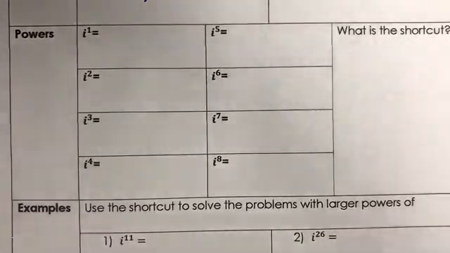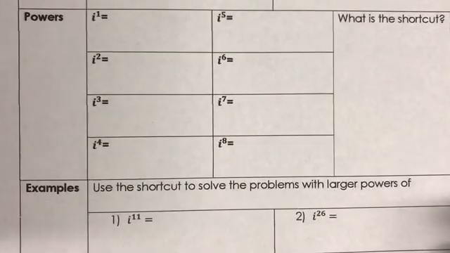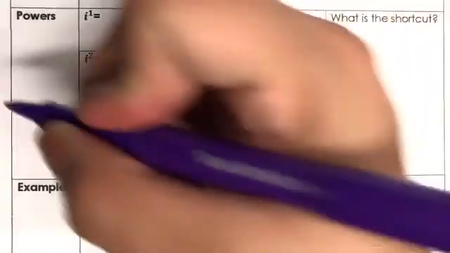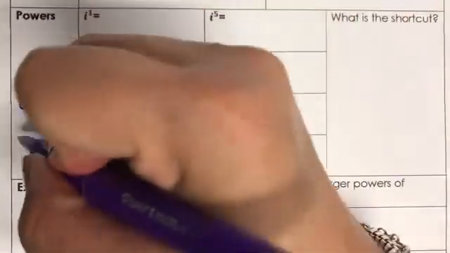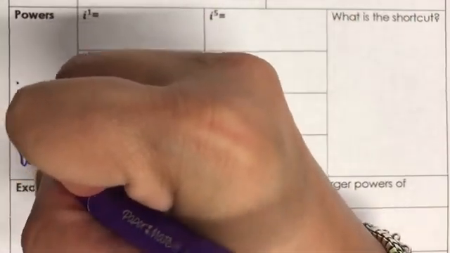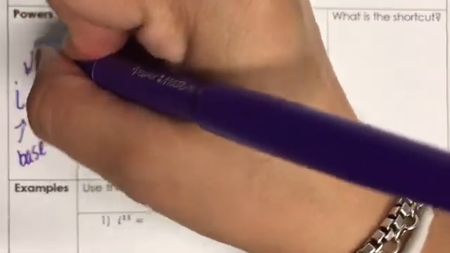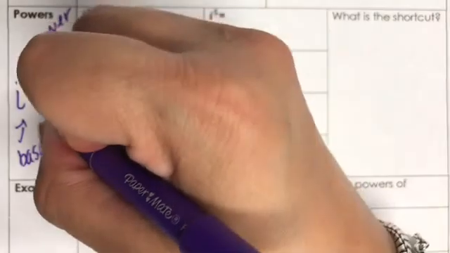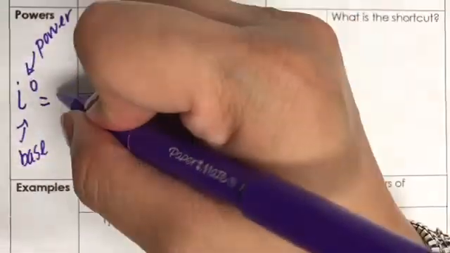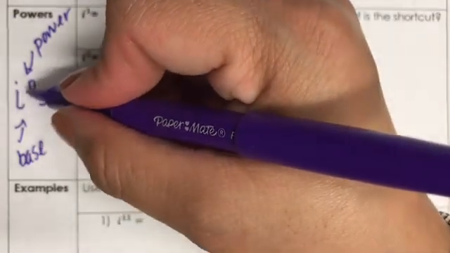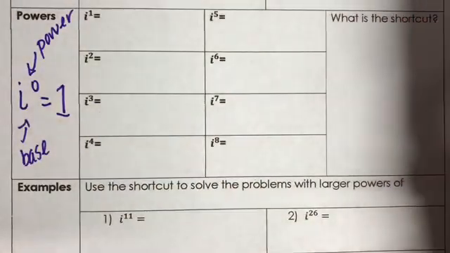Now, about powers. Let's go ahead and continue with powers. Our base is going to be i, and then you have the power, or the exponent. So let's say we had the 0 exponent. i to the 0 is going to be equivalent to 1, because any number or variable to the 0 exponent is always equal to 1.